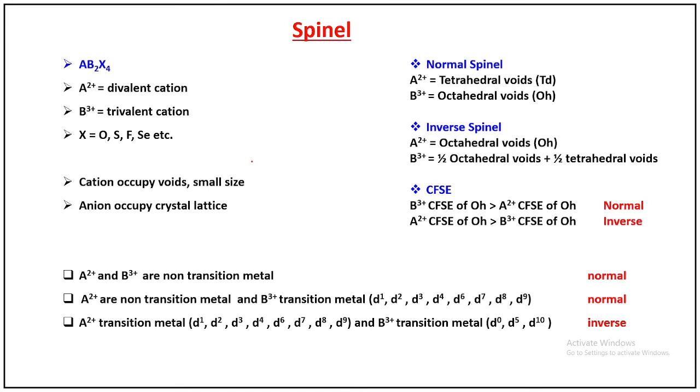And if A2+ is a transition metal with d1, d2, d3, d4, d6, d7, d8, d9 configuration and B3+ is a transition metal with d0, d5 or d10 configuration, it will be an inverse spinel. And the last point is that if a cation has d3 or d8 configuration, it will always prefer octahedral voids since it will have the highest CFSE.